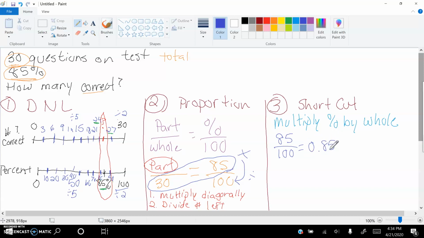So we're not multiplying 30 by 85, we're multiplying it by 85 hundredths. So to figure out how many questions we got correct, we can do 0.85 times the whole 30 questions, and that will give you your answer. So use whichever one of these 3 strategies you like the best in order to solve the problem.